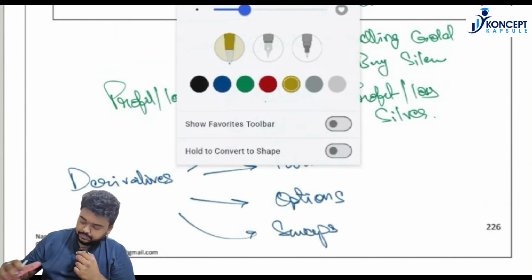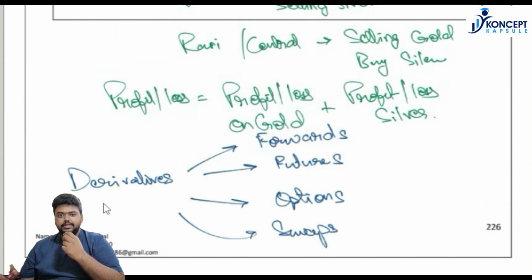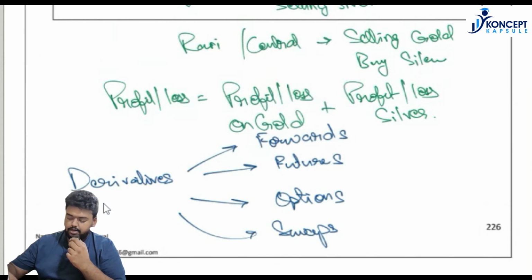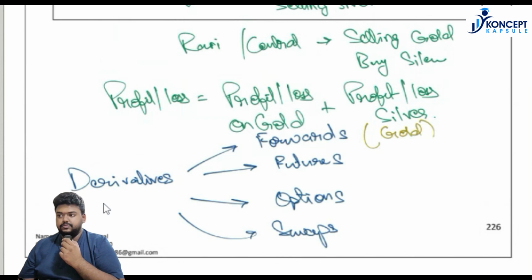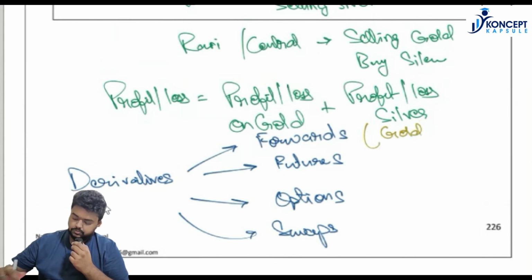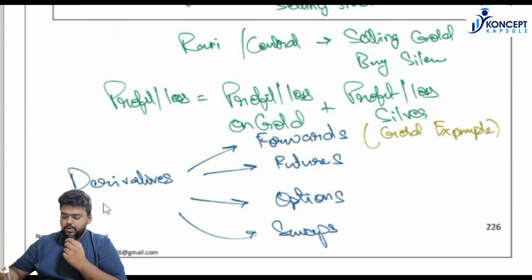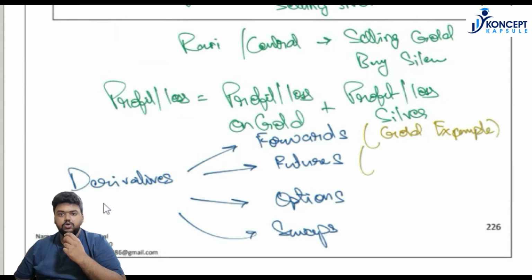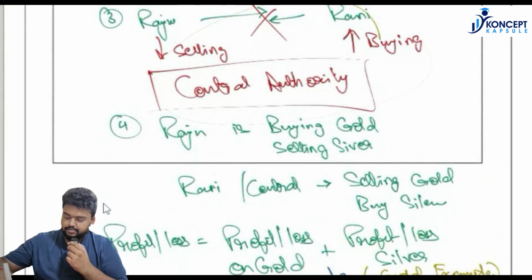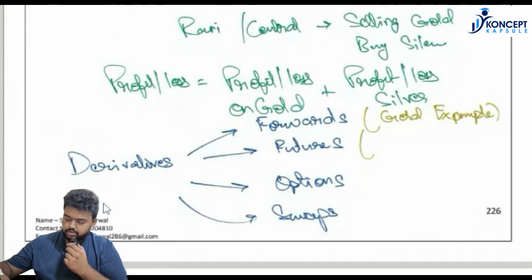What are forwards? The gold example that we just took between Raju and Rani is a forward. It is a classic example of a forward. When you execute this contract through a central authority, or the central authority is involved, it becomes a future.